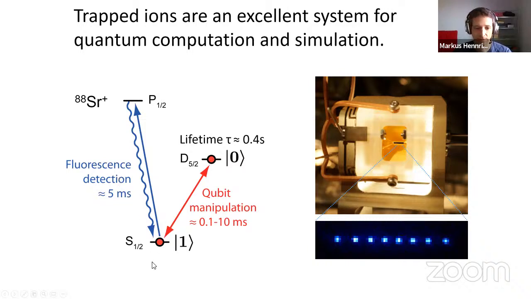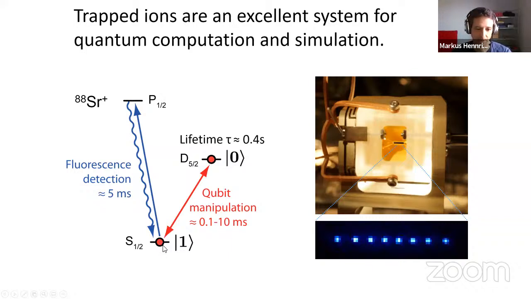So in our experiment, we use the S1/2 ground state of the strontium-88 ions as the 1 qubit state, and the D5/2 metastable state as the 0 qubit state. Of course, there are several Zeeman sublevels in these two manifolds, and we will use one of these Zeeman sublevels as the qubit state.